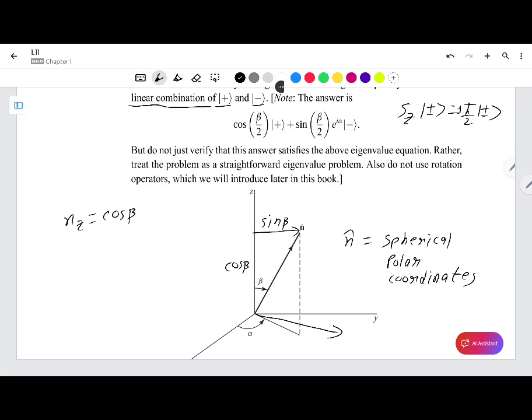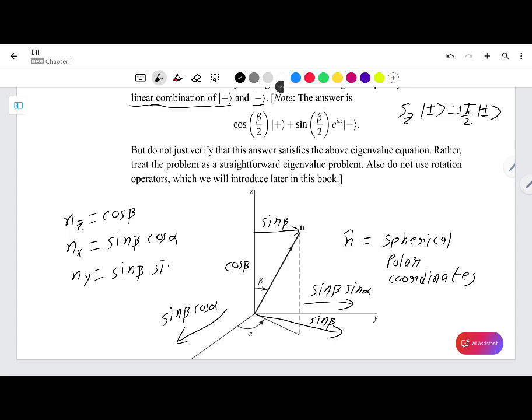Then this sin beta we can project to the xy plane. So nx is sin beta cos alpha, and y is sin beta sin alpha.